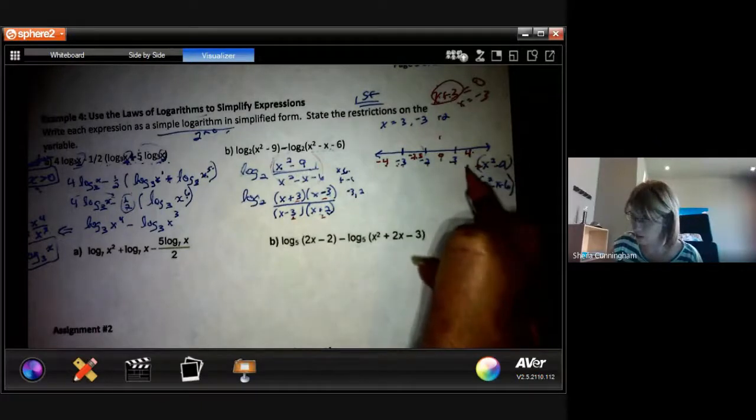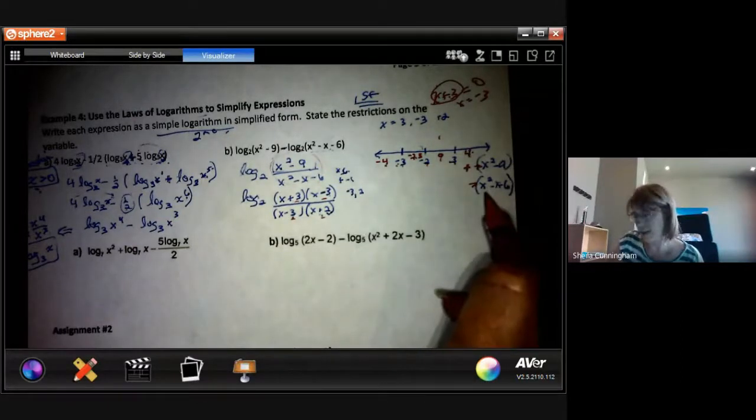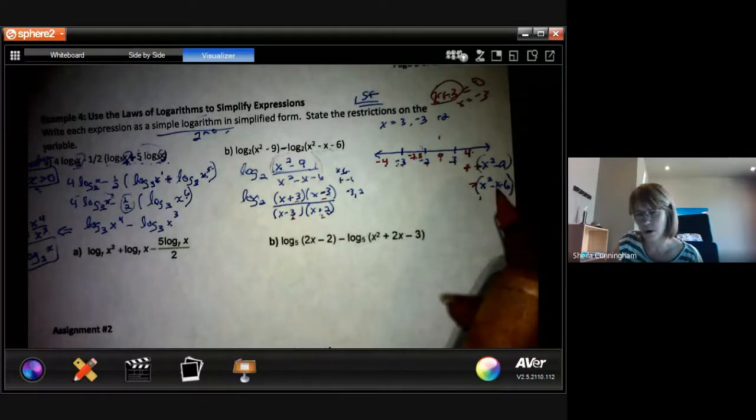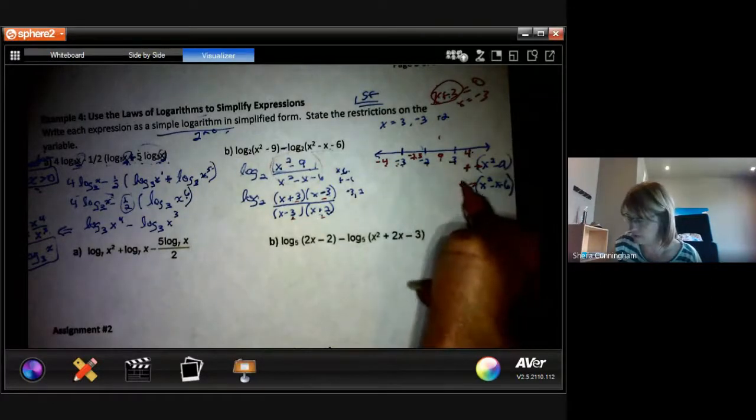So right now, I'm getting a positive for the x squared minus 9 when I put a 4 in. If I put a 4 in for the x squared minus x minus 6, that's going to give me, well, 4 squared is 16, minus a 4, because I have a 4 in there. That would be 12, minus the 6, that's going to give me a +6. So this piece is positive as well.